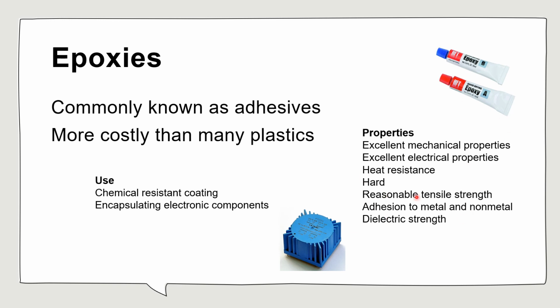They have great properties like excellent mechanical properties, electrical, heat resistant, hard, reasonable tensile strength, adhesion. They can glue metal, and they can also glue non-metal, and they also have dielectric strength. So we use them as chemical resistant coating. We use them as encapsulators for electronic components.